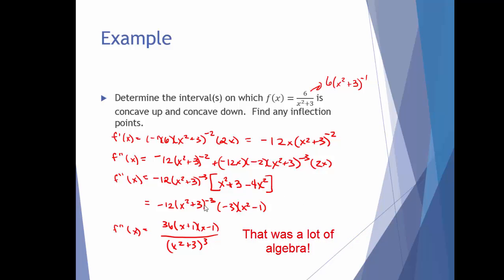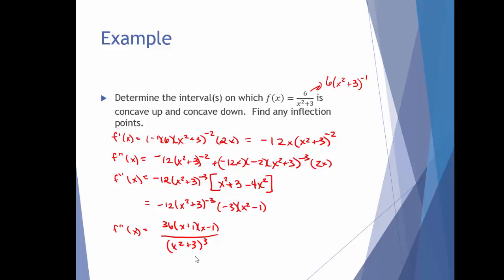So we're looking to figure out where this second derivative is positive and where it's negative. We're going to go about this in a similar manner to when we work with the first derivatives, but be careful. We're not actually finding critical numbers. Critical numbers are specific to first derivatives, not second derivatives. But the idea is the same.